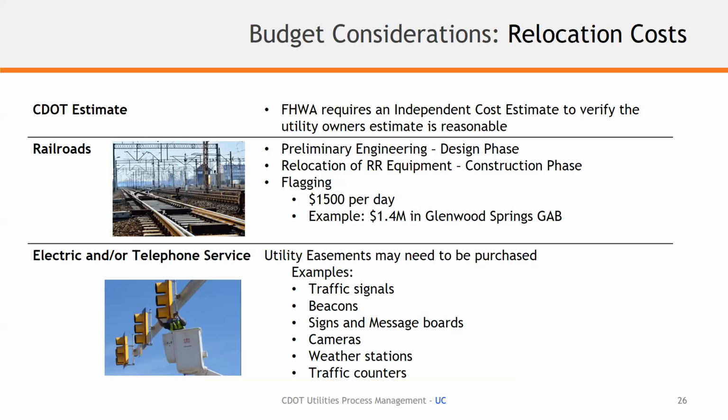And then electric and or telephone service requirements, including ITS, new electrical services for our traffic signals, our beacons, any signs or VMS boards out there. We may have to bring electric service from a long ways away. That could cost, to bring that service in. For cameras, closed circuit cameras that are on as part of COTrip, those cameras support the ITS program, and we do coordinate with trying to supply electrical services to all these things.